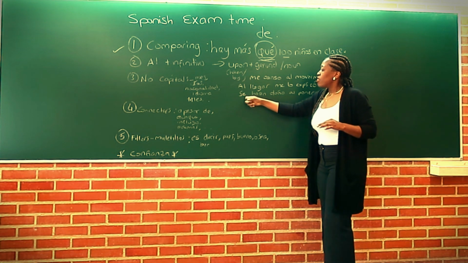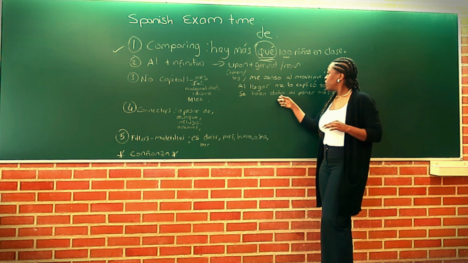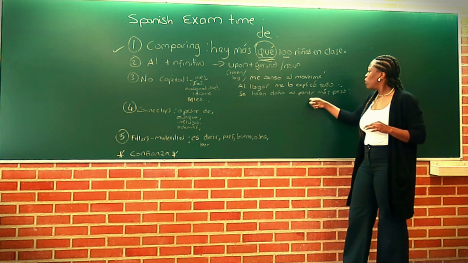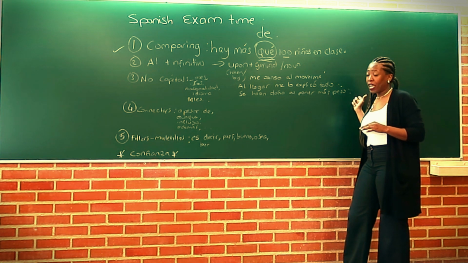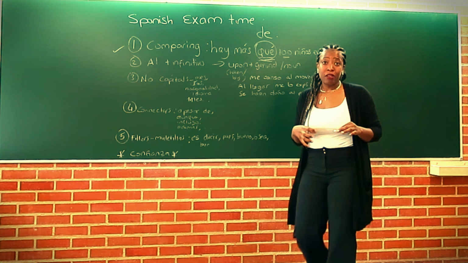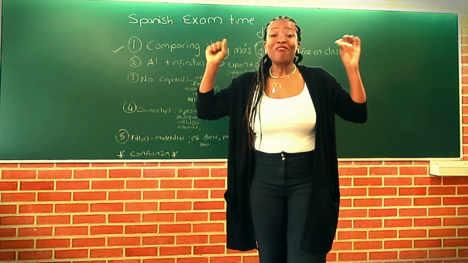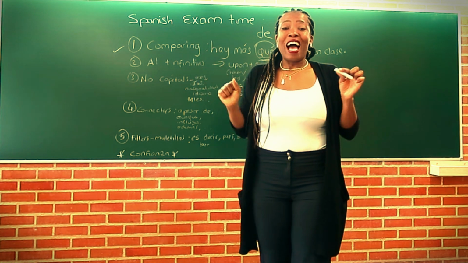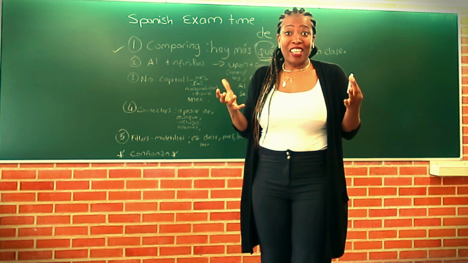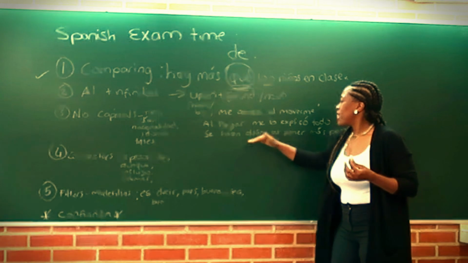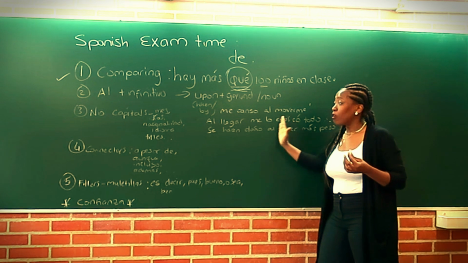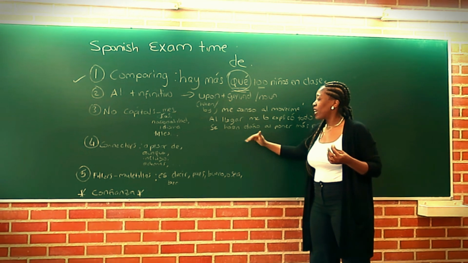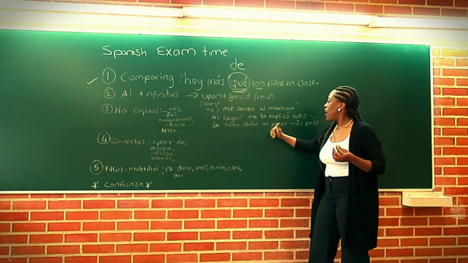They injure themselves by putting on more weight. So by adding more weight to the bar, they hurt themselves. This is showing that something happens when another action is being done. Se hacen daño al poner más peso.